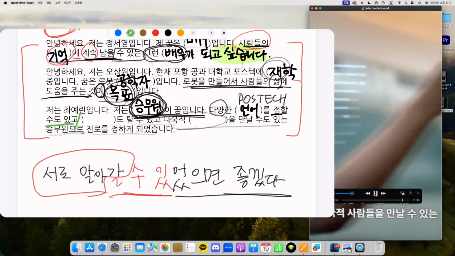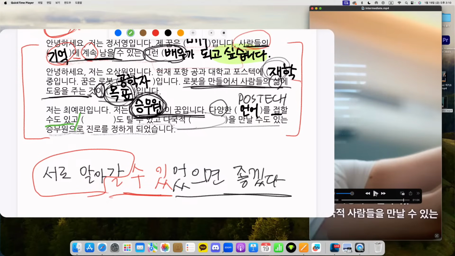And 비행기도 탈 수 있고, I can also take an airplane. 비행기를 타다 means to get in a vehicle or airplane. So 비행기도 or any kind of vehicles that moves. So 비행기도 탈 수 있고 I can also get on a plane and 다국적.